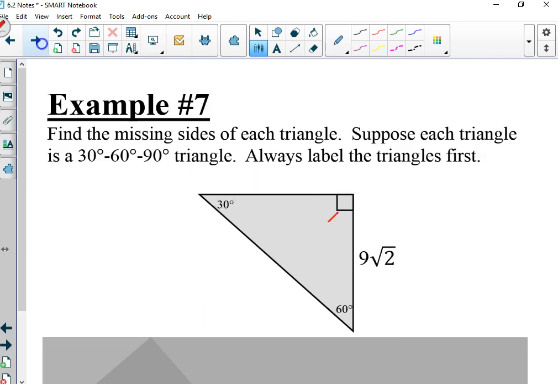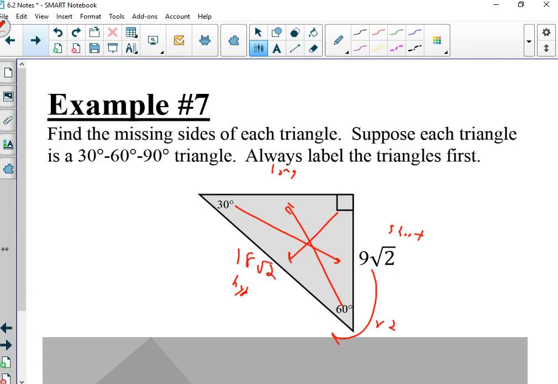Okay? Hypotenuse, short, long. We're given the short side. Going to hypotenuse, we multiply by 2, the outside number. So that's 18 radical 2. Going this way, we multiply by radical 3.